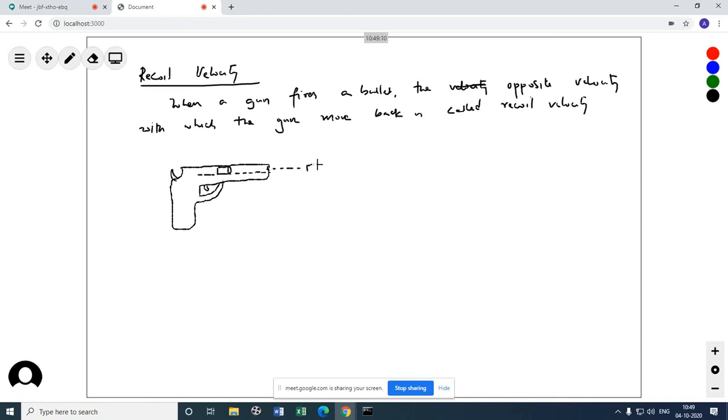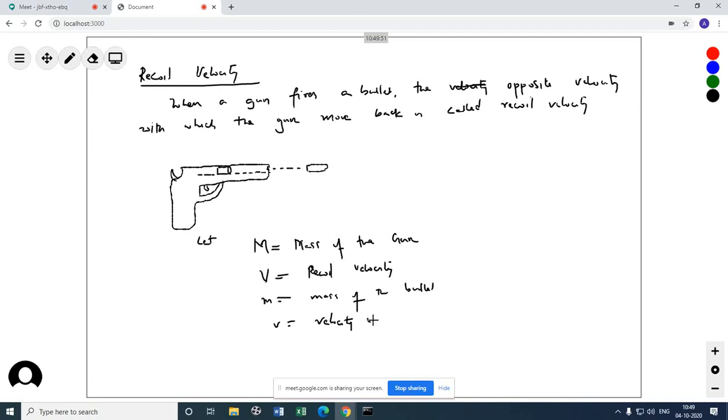When you fire, let capital M equal the mass of the gun, capital V equal the recoil velocity, small m the mass of the bullet, and small v the velocity with which the bullet is fired.